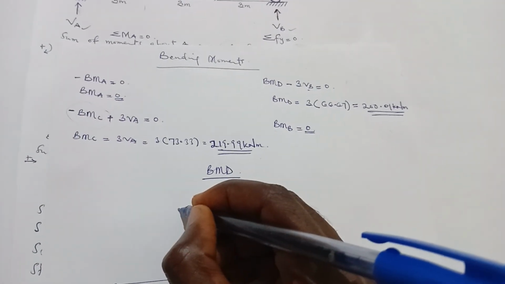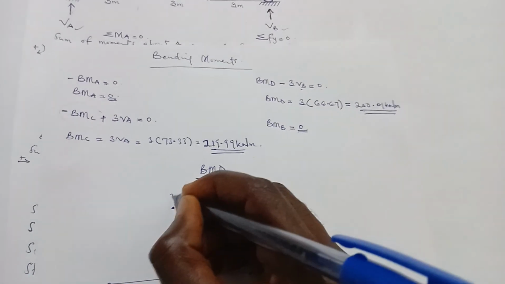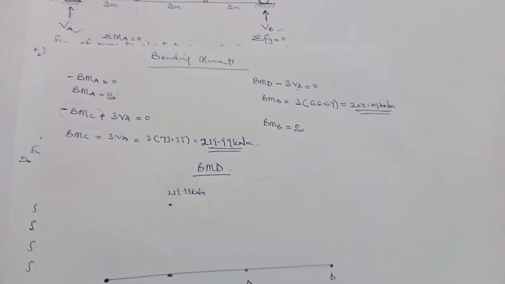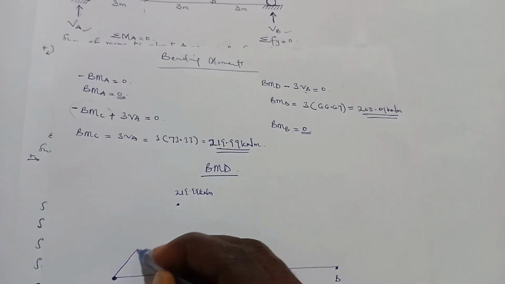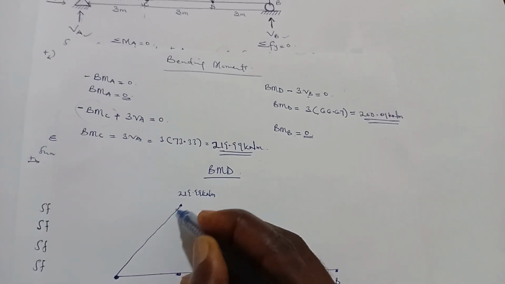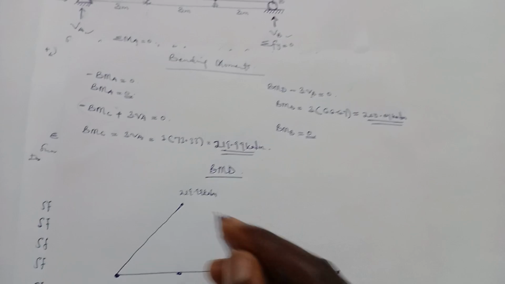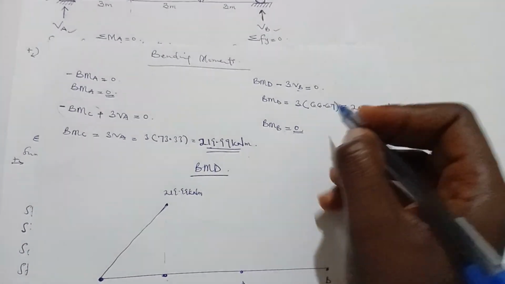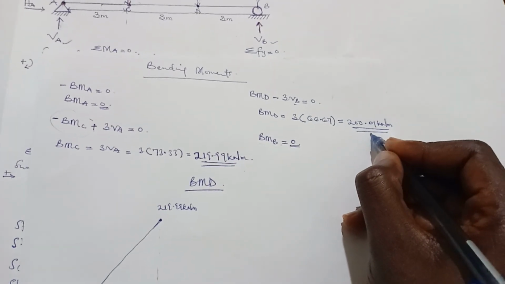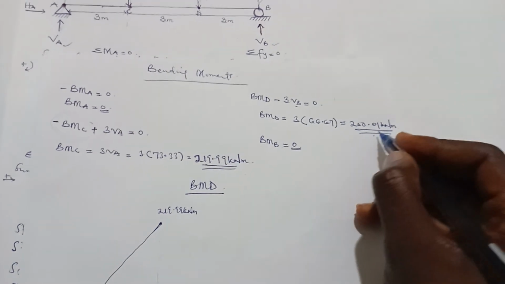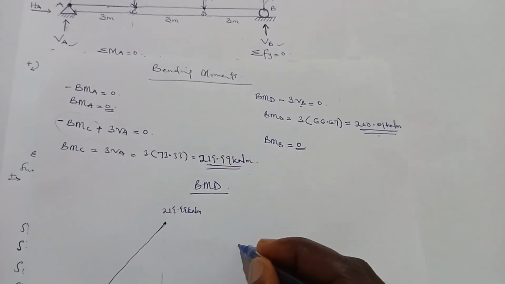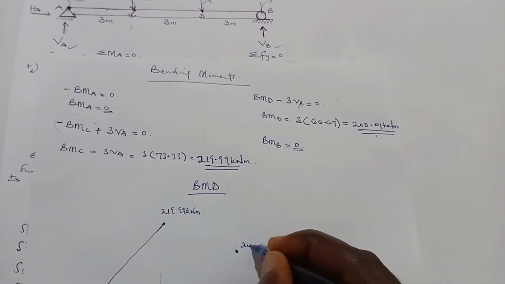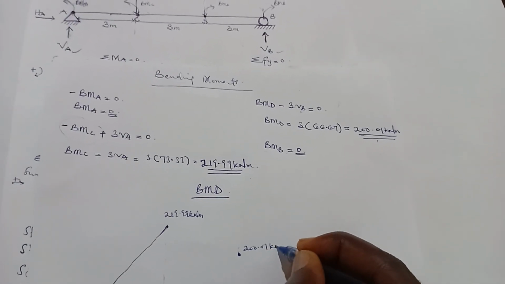So you can plot it at point C, 219.99 kilonewton meter. Then I'll connect the two. So this is at point C. And the bending moment at point D was 200.01. So 200.01 will be somewhere here. So 200.01 kilonewton meter.